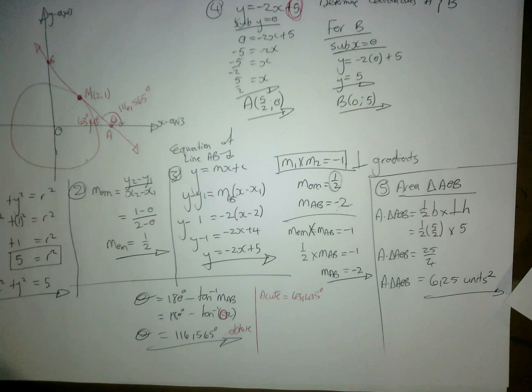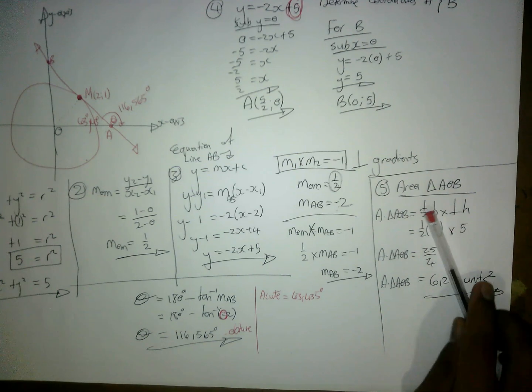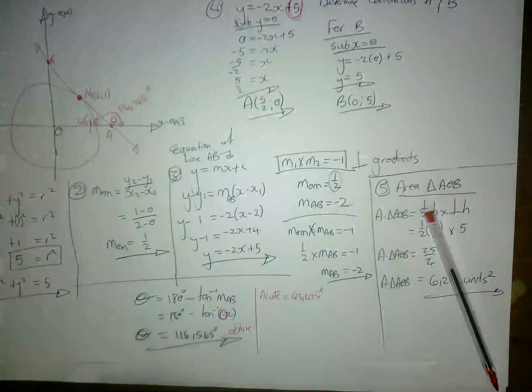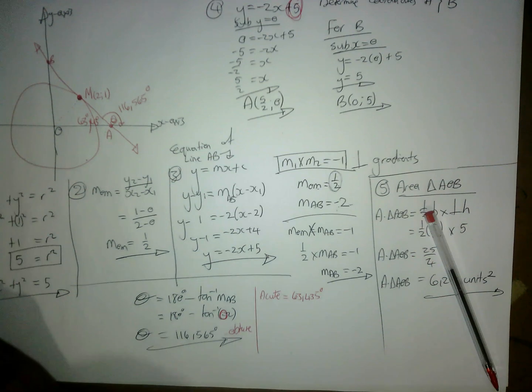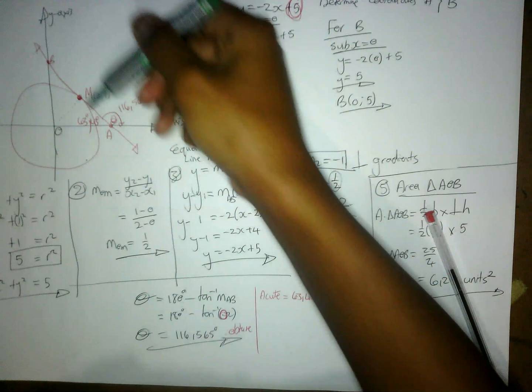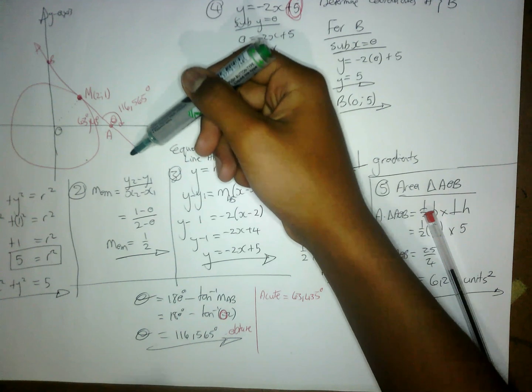The question is line form. Oh, no, there was one more question. This question is saying a straight line drawn parallel to line AB passes through the origin.